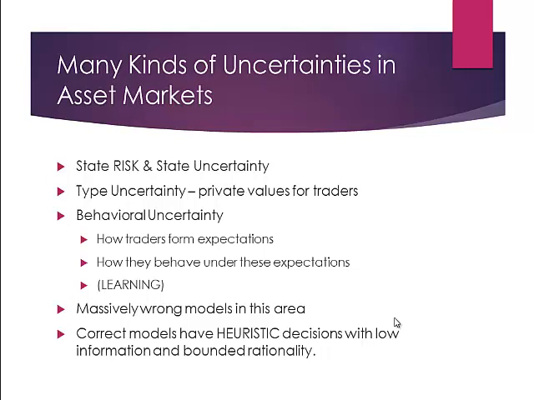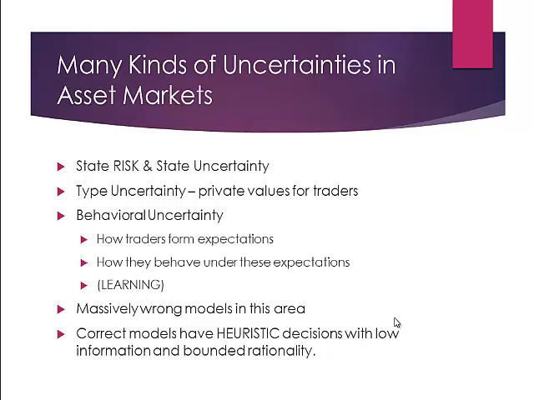So asset markets are, like, stocks and other assets which pay off some dividends and also have changes in price. There are many kinds of uncertainties in this market, and actually the main kind of uncertainty is one which is not discussed in the text, and unfortunately economists don't understand this type of uncertainty.